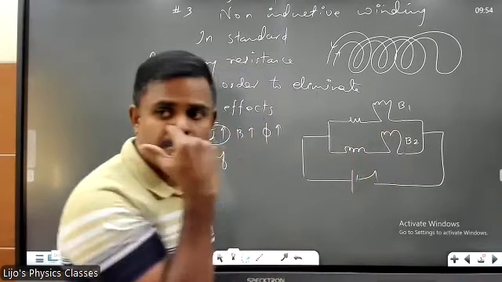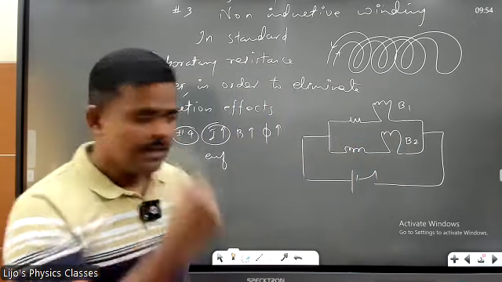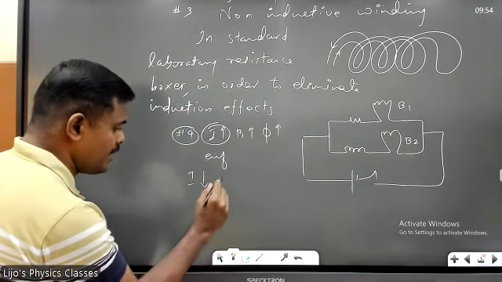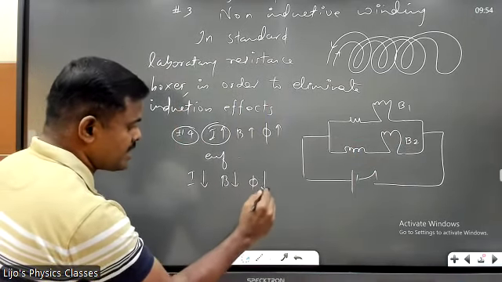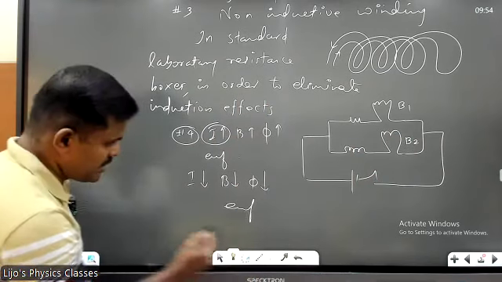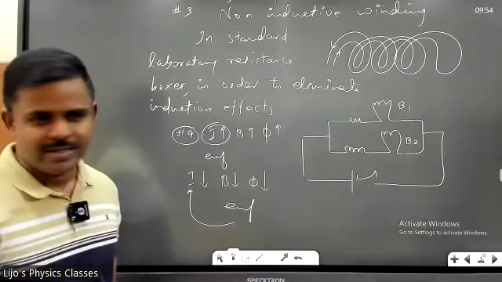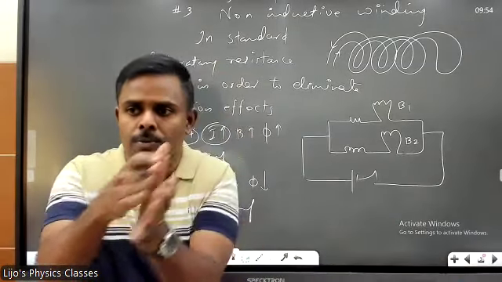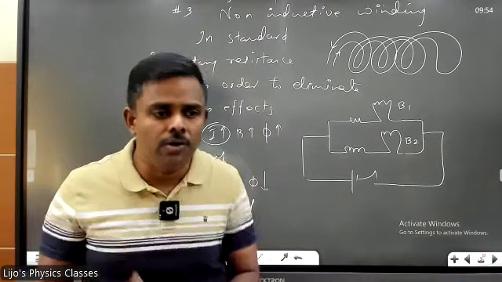Correct. How do you explain switching off? Switching off: current decreases, field decreases, flux decreases, EMF is developed, which opposes the cause, the decay of current. So the decay is being opposed, which means decay gets slowed down.